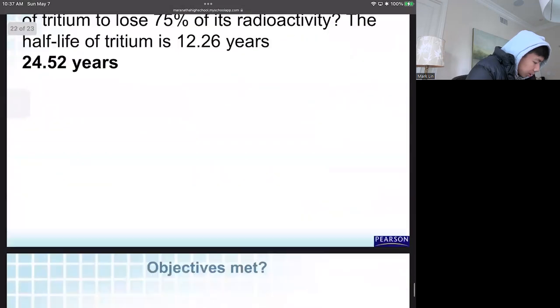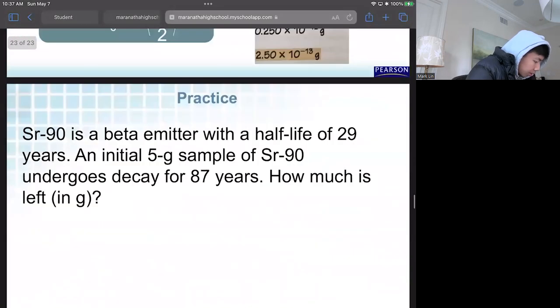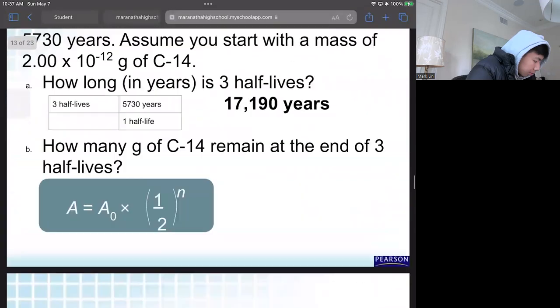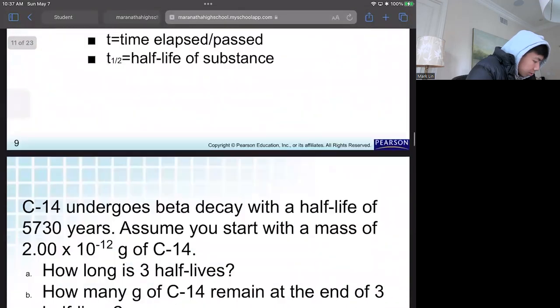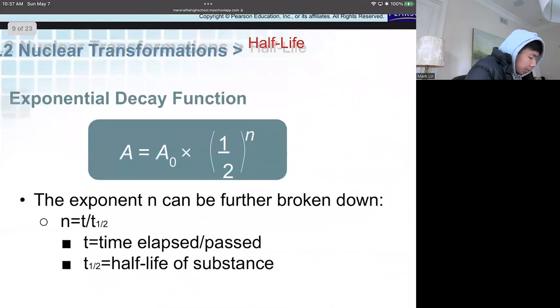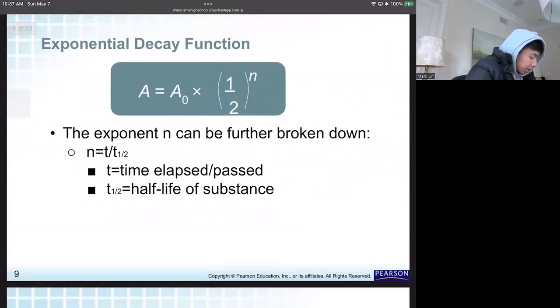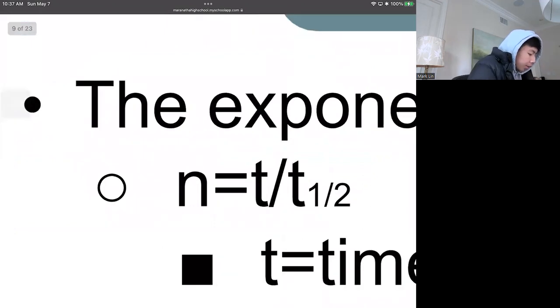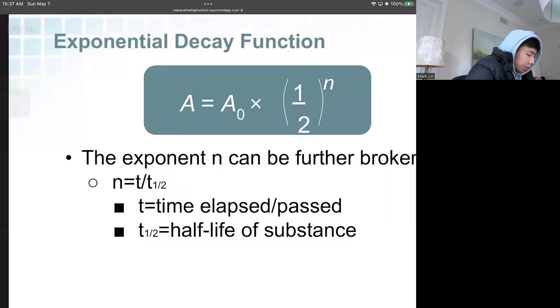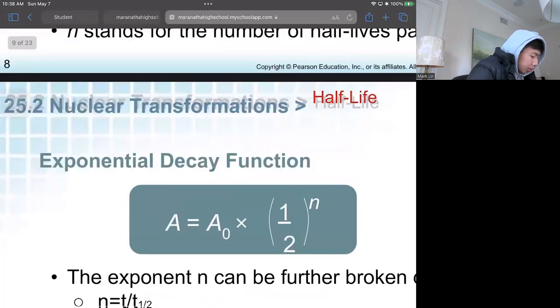Is there another one, or is that it? Okay, here you go. N can also be t over t one half, which is just the time passed over the half-life of the substance.